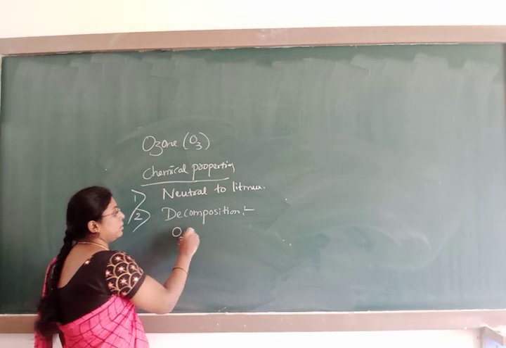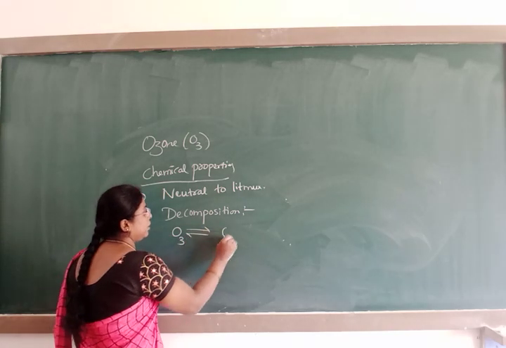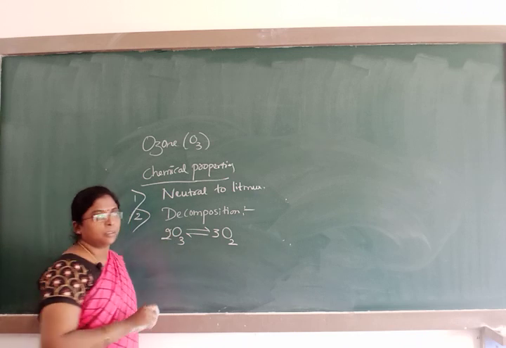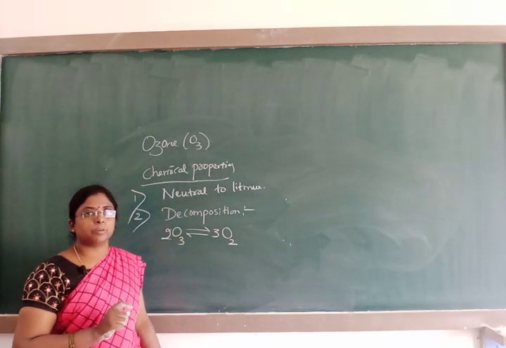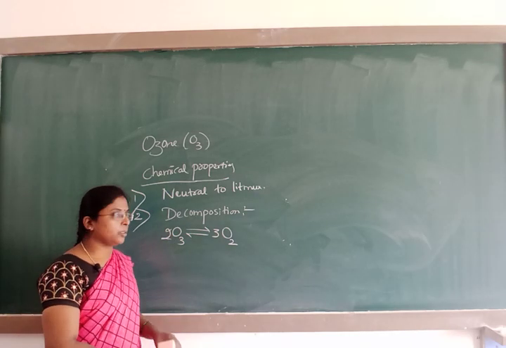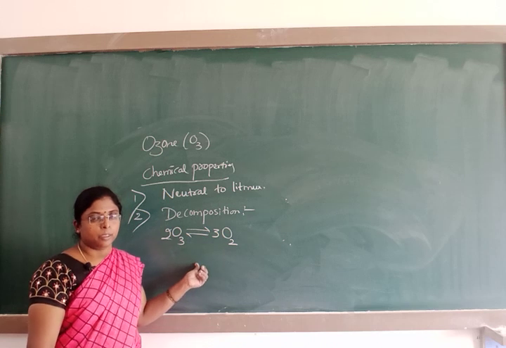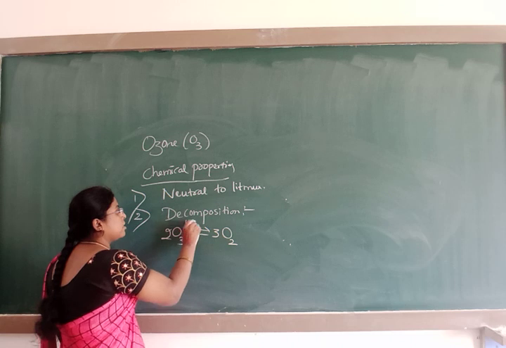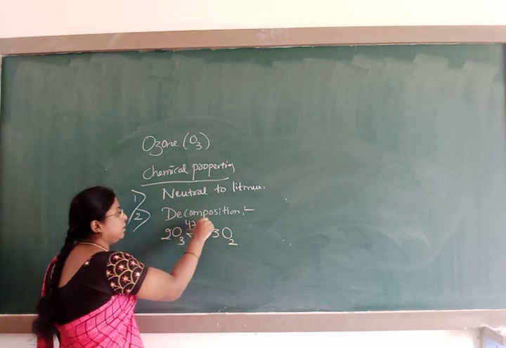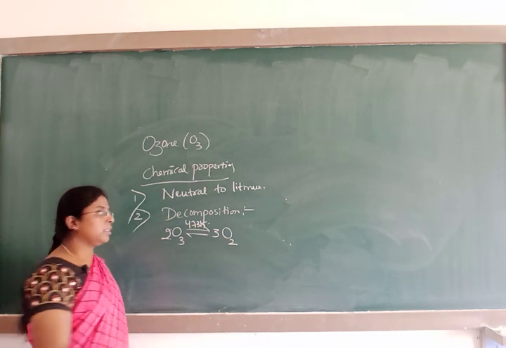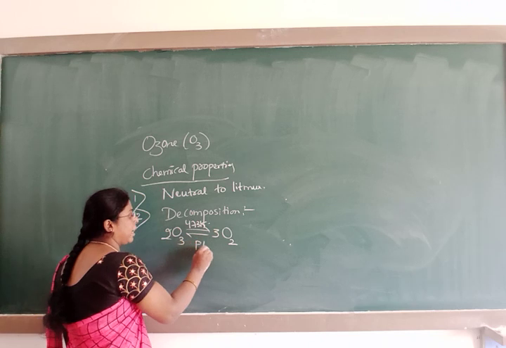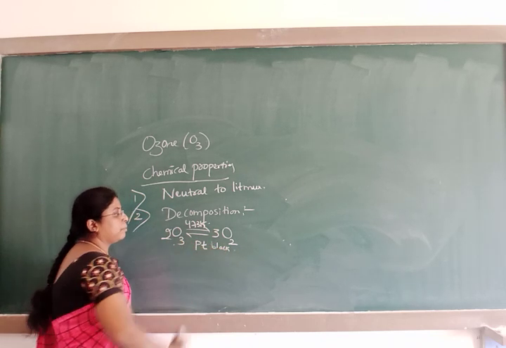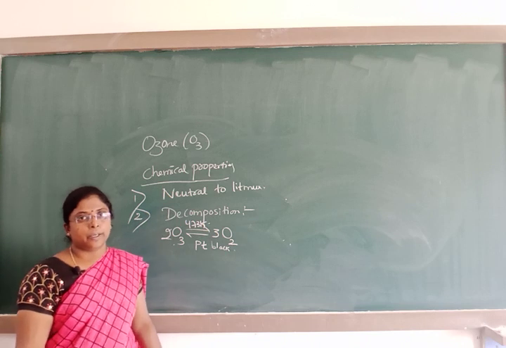Ozone decomposes to form dioxygen. A very small amount of ozone decomposes, and a very slow reaction takes place. But if we heat the ozone around 473 Kelvin in the presence of a catalyst like platinum black, then the ozone decomposes to form dioxygen.